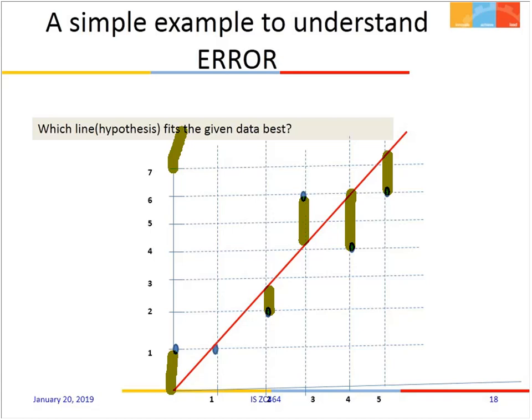Now, the point where the perpendicular on the x-axis drawn from these points intersects the red line, whatever value of y we get corresponding to that point, this is the predicted value. How do we view the predicted value?